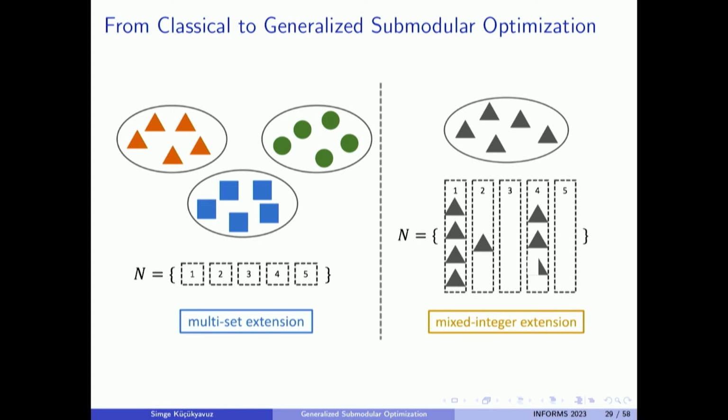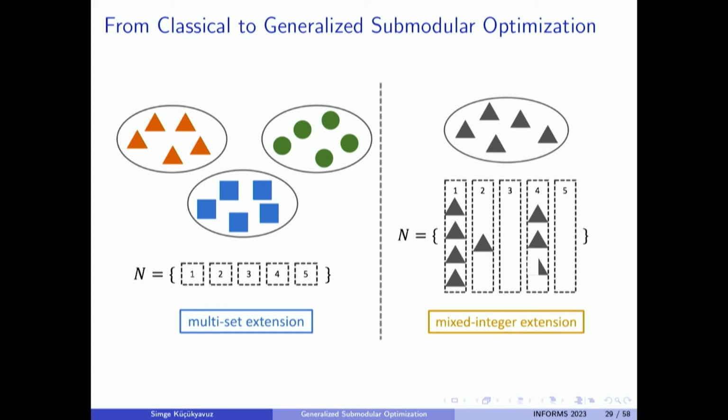And another extension we looked at is the mixed integer extension. People have looked at continuous submodular functions, where now that x variable that I restricted to be binary is actually a continuous variable. You can think of these as energy levels, so a continuous selection of your energy levels in your sensors.